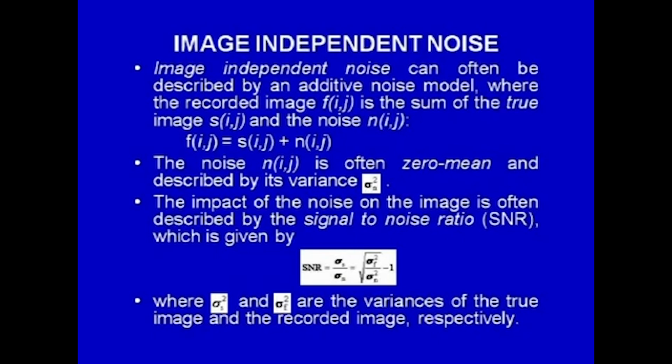The noise n(i, j) is often zero mean, and it is described by its variance, that is sigma n squared.